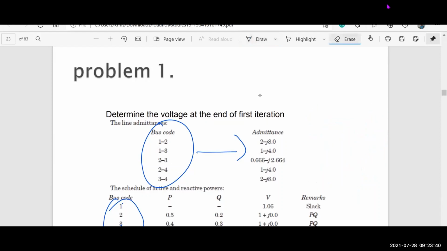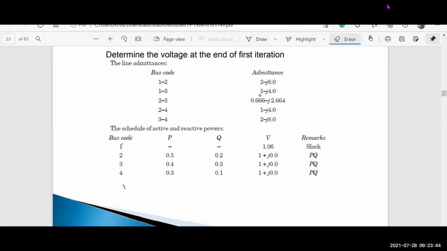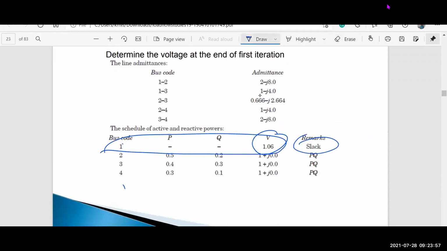Now in these 4 buses, which are your PV buses and which are your PQ buses, it is being given. See, in this only voltage is being provided. This bus 1 is the slack bus, meaning the reference bus.